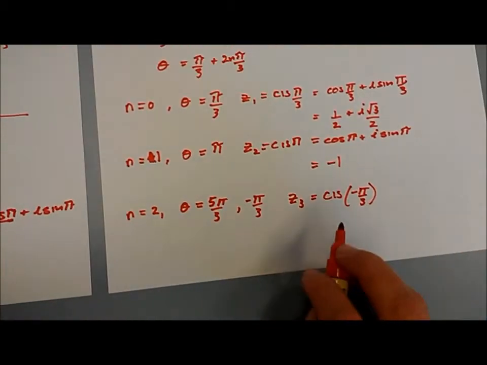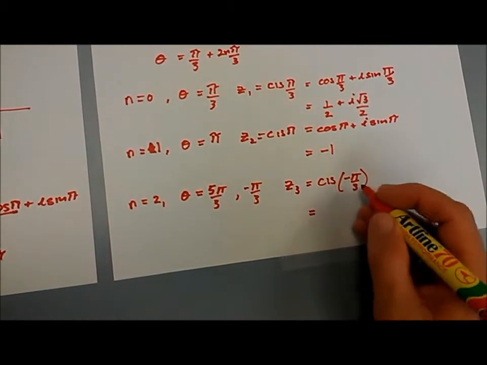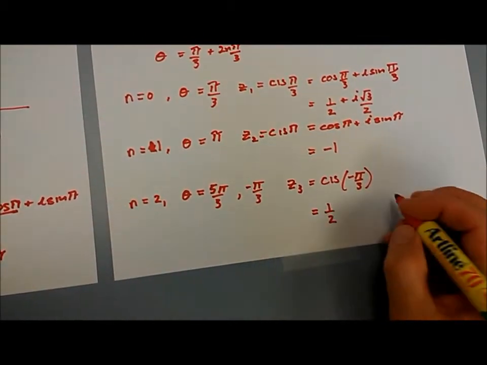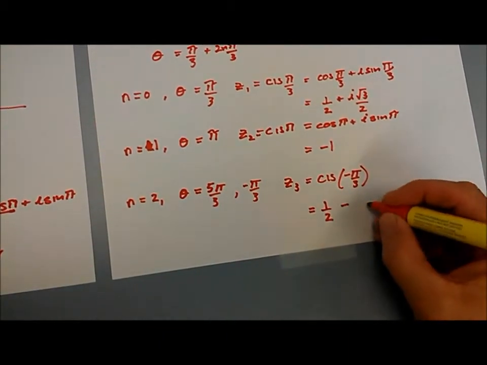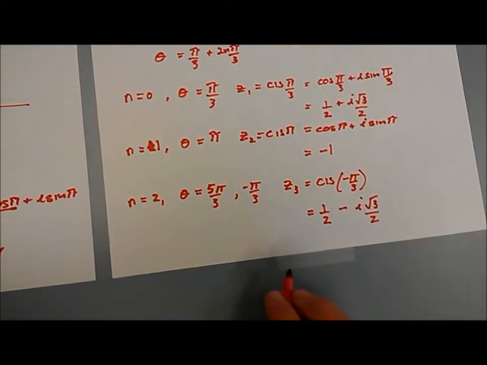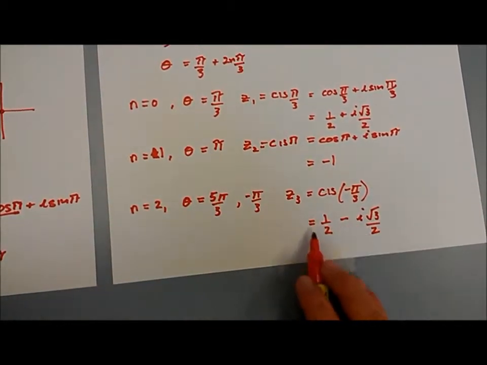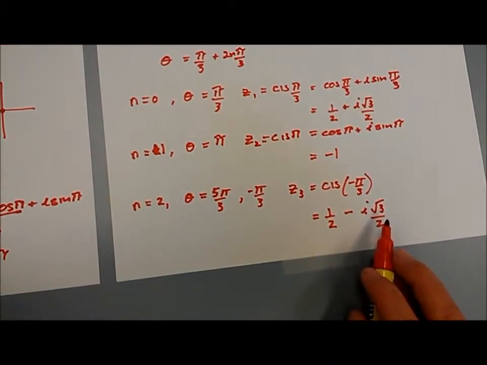And again, if I write that in x plus iy form, I get cos of negative π/3, that's positive 1/2. And sine of negative π/3 is going to be negative, so it's -i√3/2. So I get this as my third solution to the cube roots of negative 1.